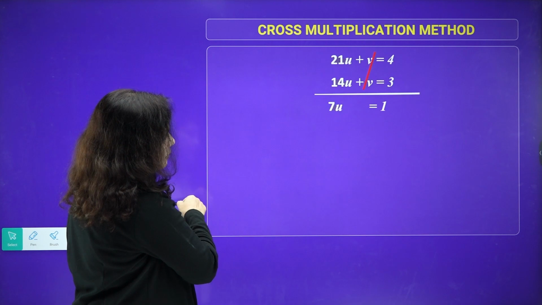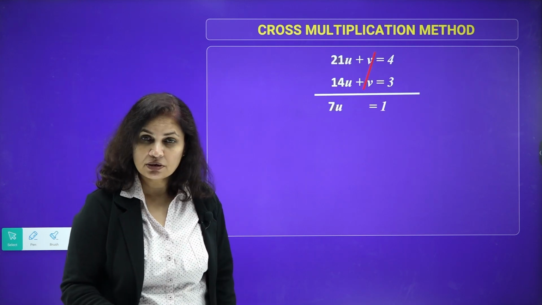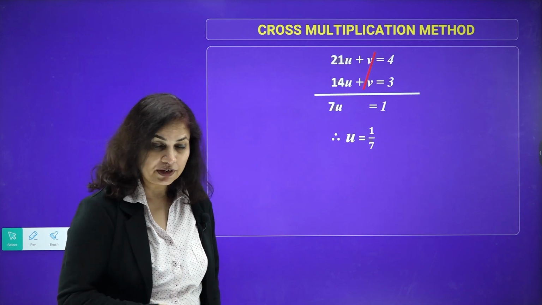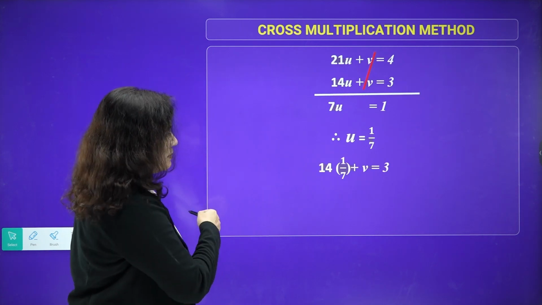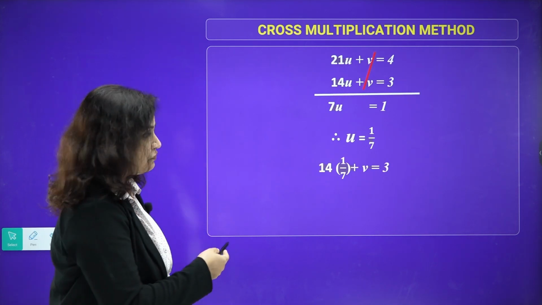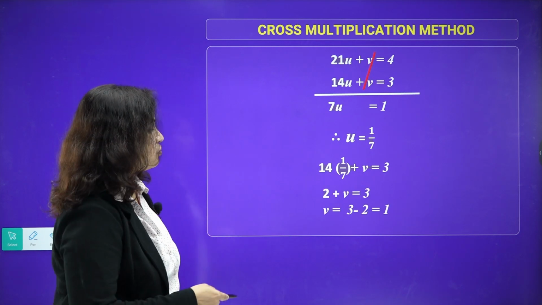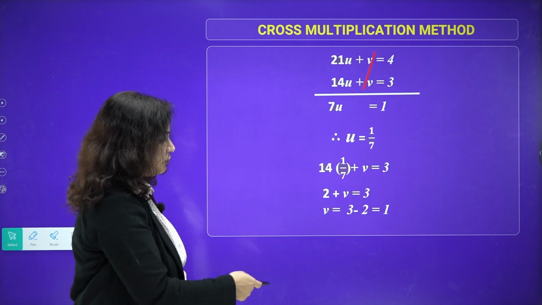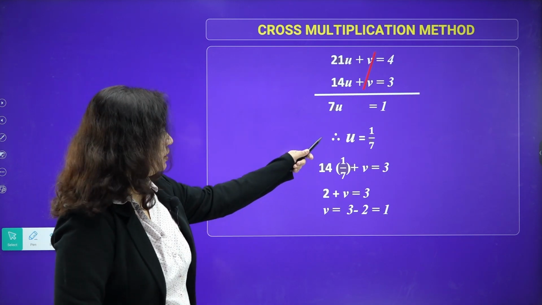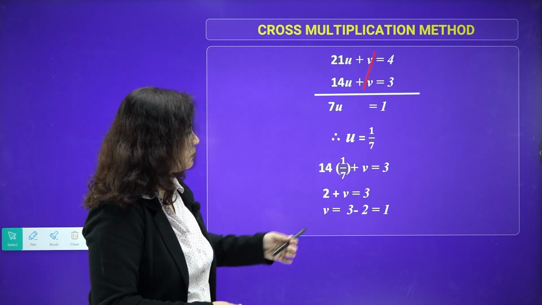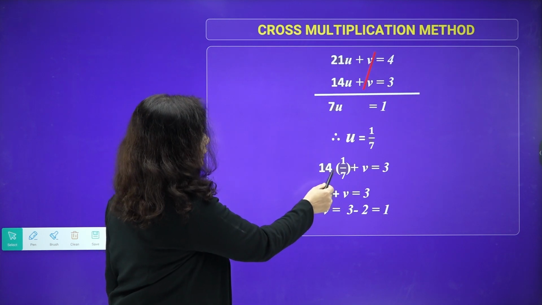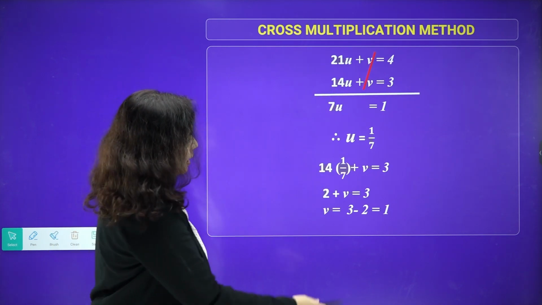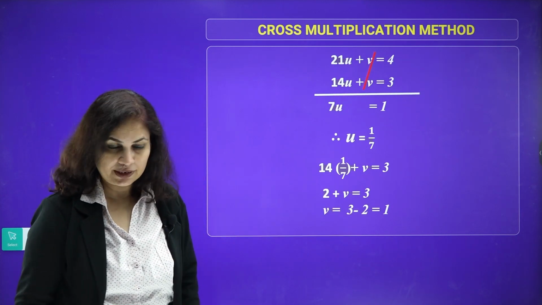Subtracting one from the other, I get 7u equal to 1 and u equal to 1 upon 7. After substituting the value of u as 1 upon 7 in the second equation, I got the value of v as 1.